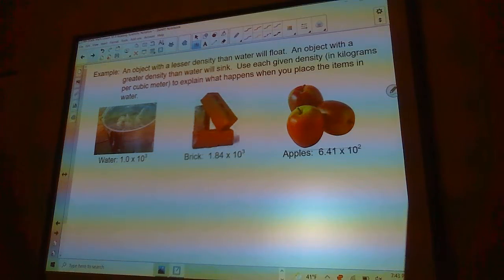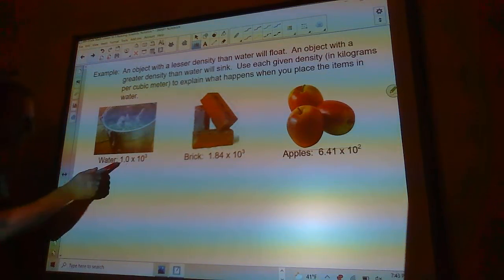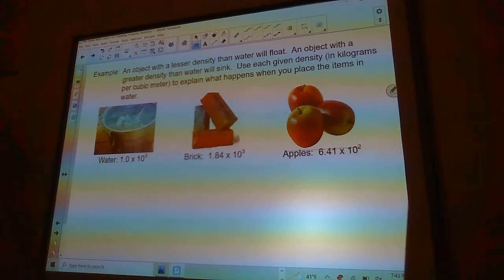Okay, an object with a lesser density than water will float. An object with a greater density than water will sink. Use each given density in kilograms per cubic meter to explain what happens when you place the items in the water. So water has a density of 1.0 times 10 to the 3rd power.